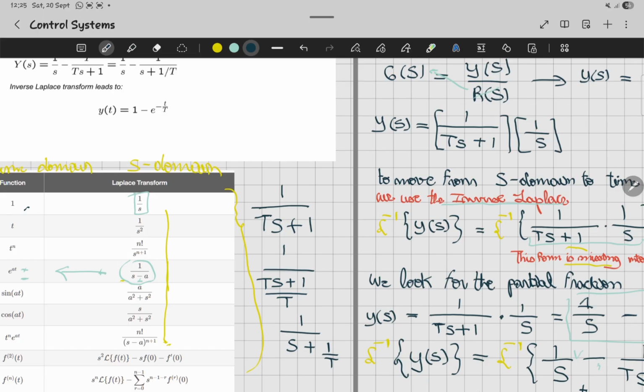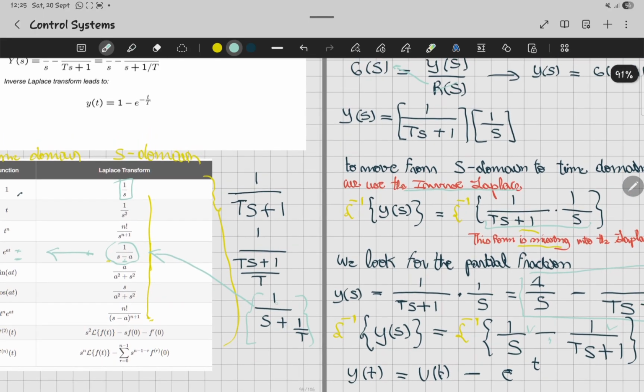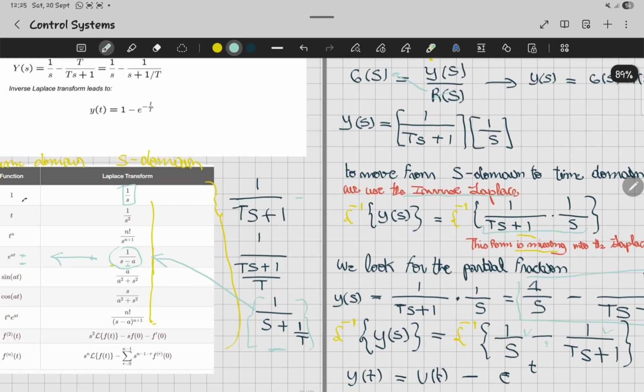Okay, that's what you see there. Then I will take the Laplace of this form. So it's gonna be actually similar to what we have there. So instead of me writing this one, I'm going to use this one that I got here. So it's gonna be 1 over t.